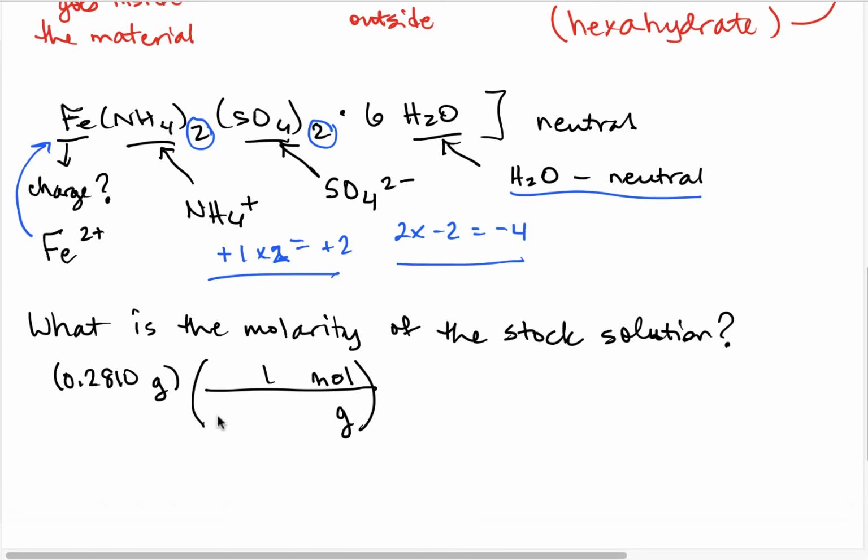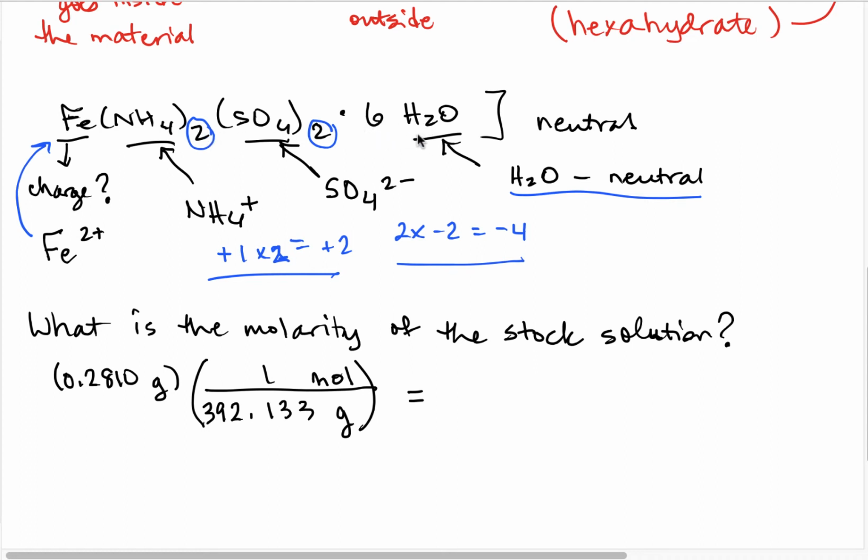All right, so check my work, but I got 392.133 grams per mole for this compound. And that's because we have a lot of atoms here, right? We have 1 iron, we have 2 nitrogens, we have 8 hydrogens, 4 times 2, plus another 2 times 6, 12 more hydrogens.